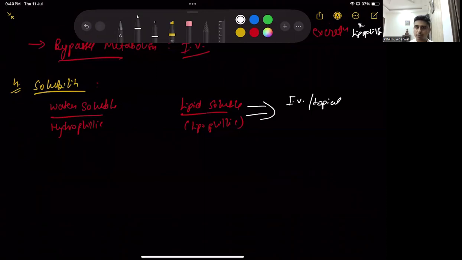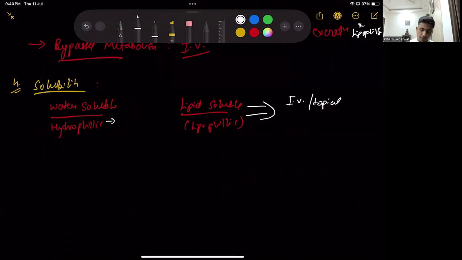That's why lipid soluble drugs are preferred in systemic circulation. Lipid soluble drugs will always be administered through routes which involve direct systemic circulation, like IV and topical.